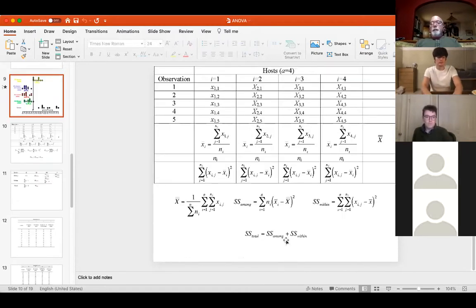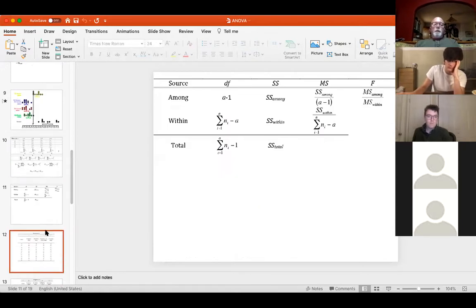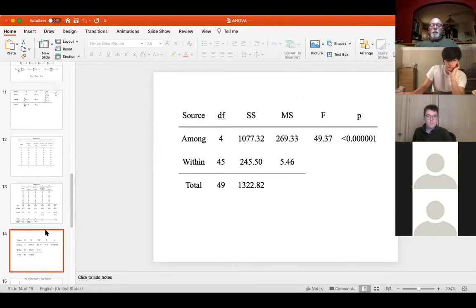And when you go back and look at the data, it should be clear to you that the something that is different is that the mean of the control is different from all the other means. The mean of the 2% sucrose is different from these means, and these means really aren't different from one another. So there are a couple of differences, and the differences that you see are reasonably large, which is why the F statistic is so large.